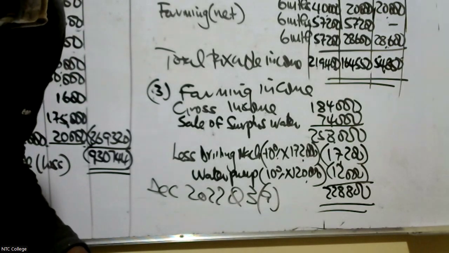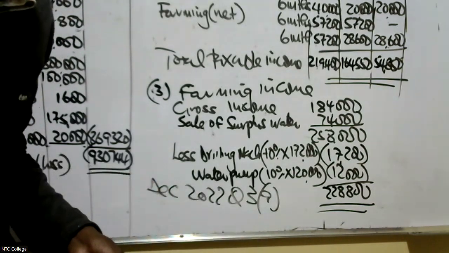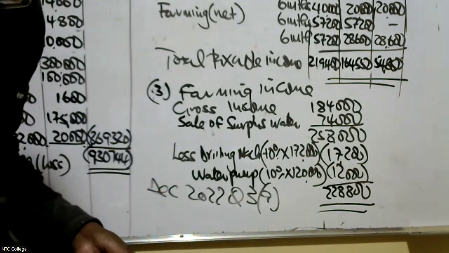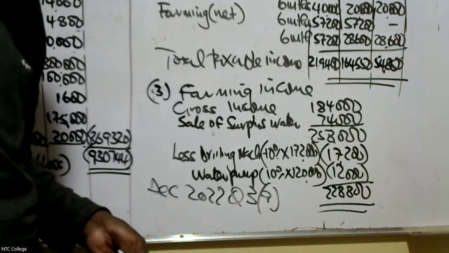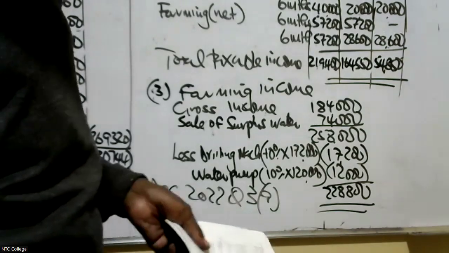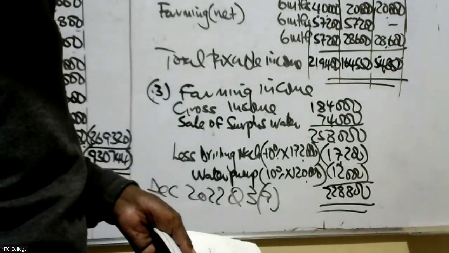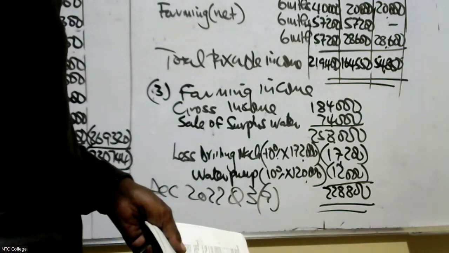Go to Google, search CASNEB, and you will find all the past papers there, then look for December 2022 question 3A. You don't need a link.